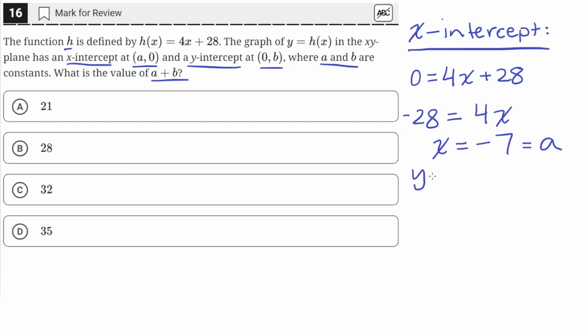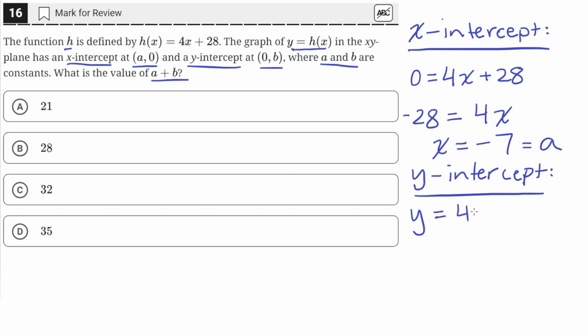Now let's find the y-intercept. The y-intercept occurs when the value of x is 0. So here x is 0, and then the y-intercept, or the value of b, will be the value of h of x, or y, in the equation when x is equal to 0. So let's just set x equal to 0. So we'll solve for the value of y, which is just h of x.